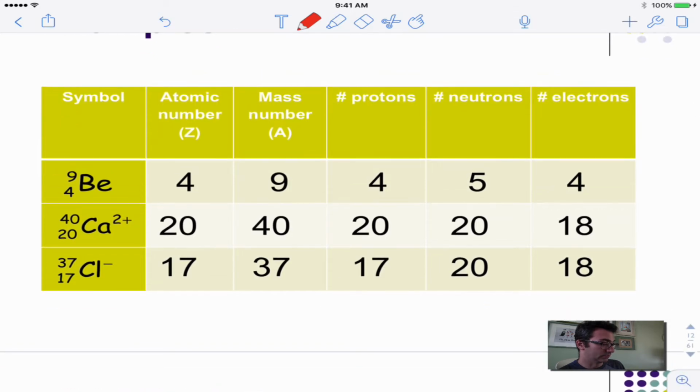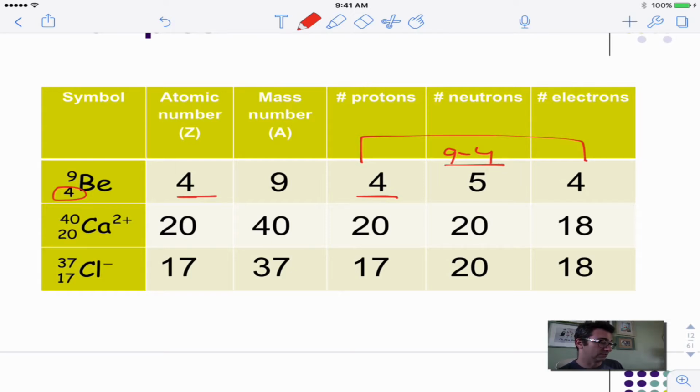Here are some examples for you to look over in the meantime. We have beryllium. The 4 on the bottom tells you the atomic number. Therefore, it tells you the number of protons. The mass number is 9, so if we do 9 minus 4, we'll get the neutrons. Since it's an atom, the protons and the electrons are equal to each other.